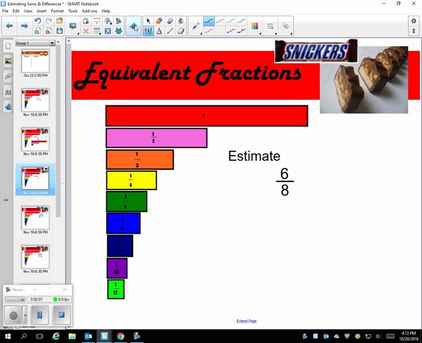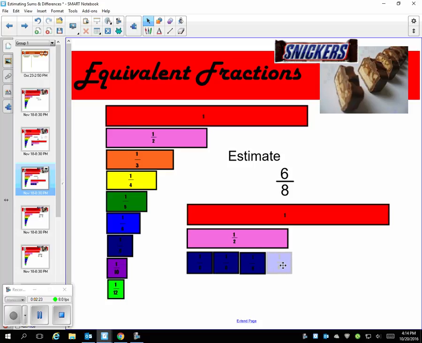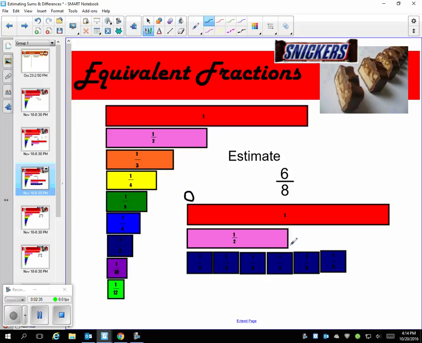Okay, clear your fraction strips. And let's go ahead and get your whole. Let's get your half. And you can drag out 6/8. 1, 2, 3, 4, 5, 6. 6/8. So if this is 0, and if right here was half, let's move that out of the way.